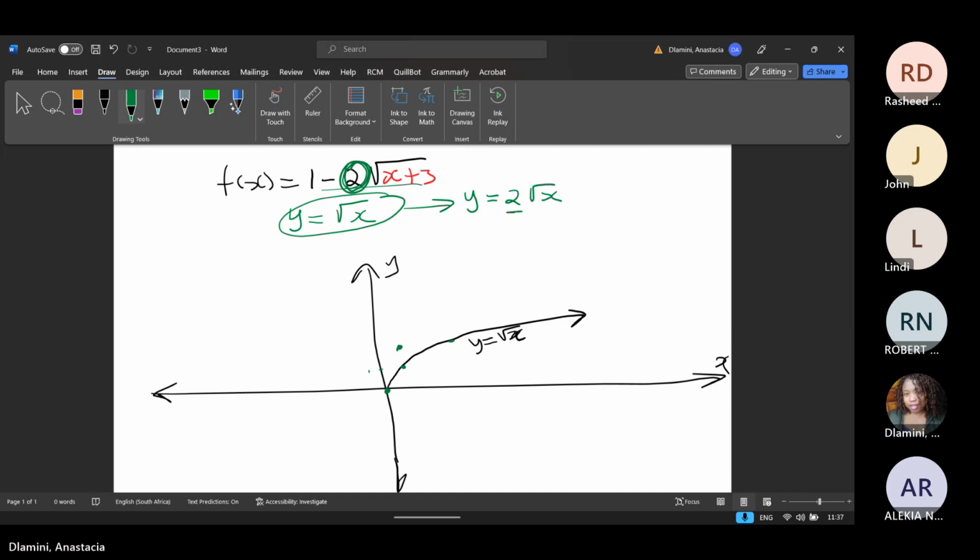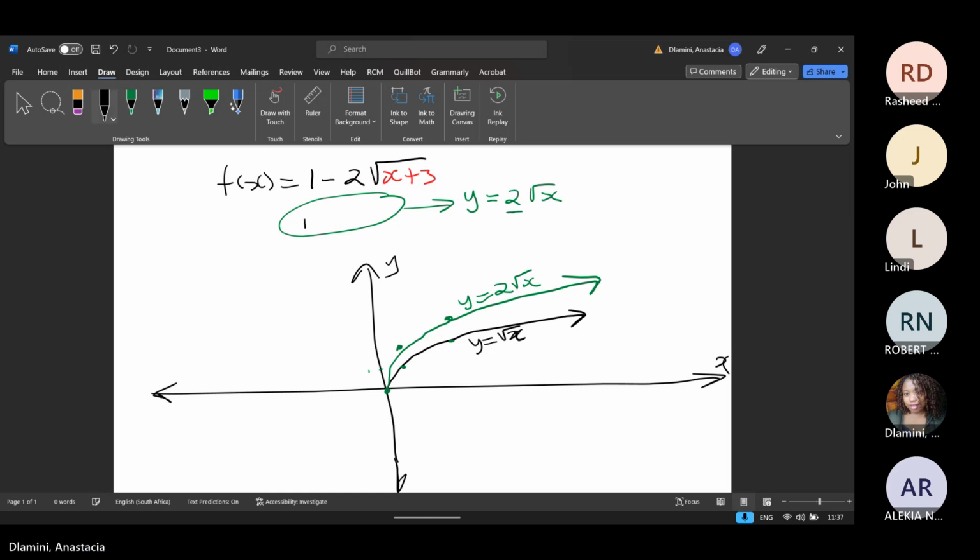If you multiply by 2, it will become 8. So it will be stretched by 2 units. Your graph will be something like this over the parent function. So y equals 2 square root of x, right? Now that I'm done with the 2, okay, sorry about that.